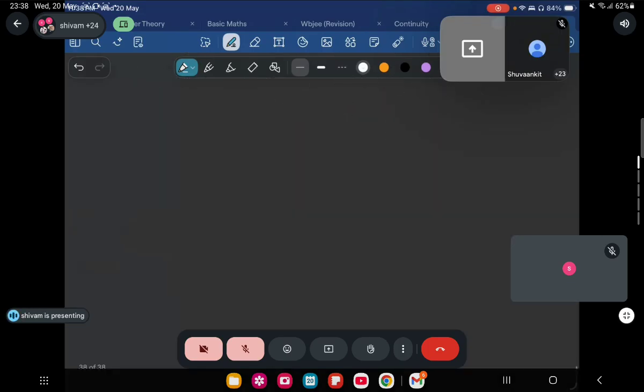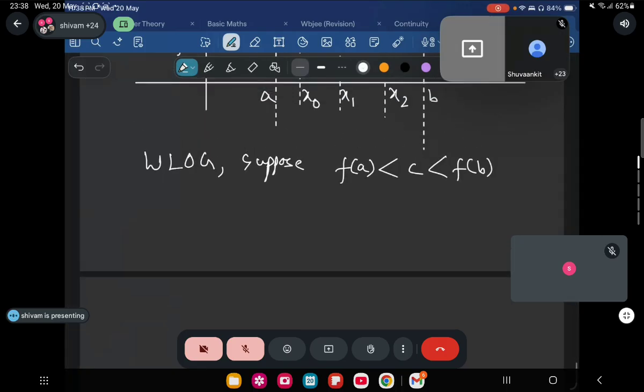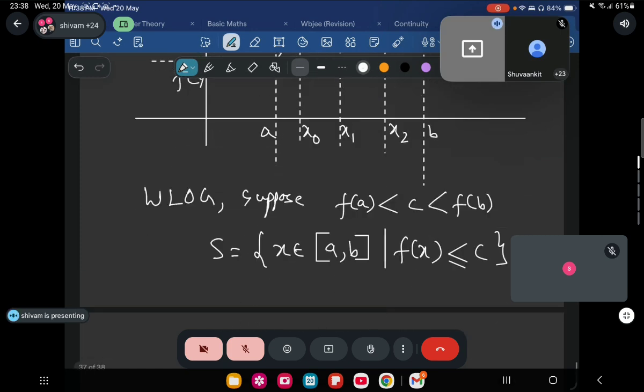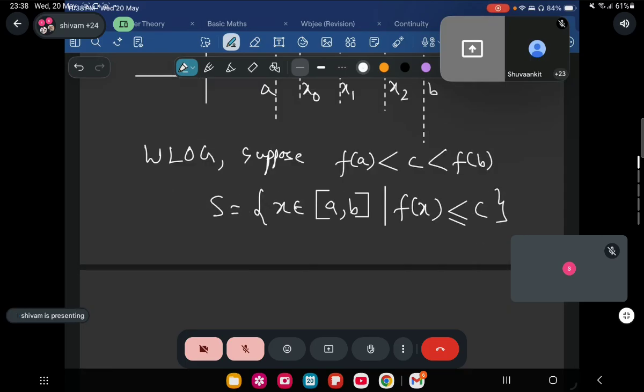Now I'm going to define a set S equal to x belonging to the closed interval [a, b] such that f of x is less than or equal to c. Number one, the set S is non-empty.